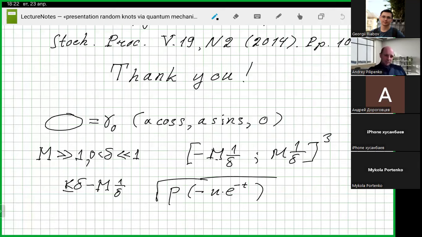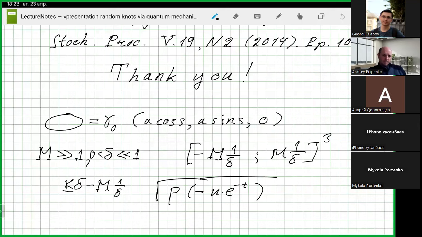Thanks. By the way, this also gives us hope that we can consider a lot of such random curves simultaneously, because it is known that for polymer in some fluid, we have not a three-phase state like solid, gas, and fluid, but we have five.